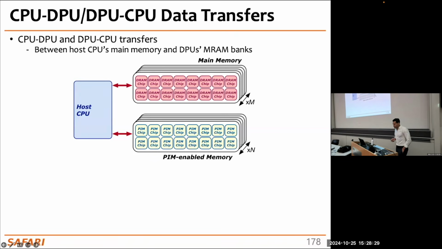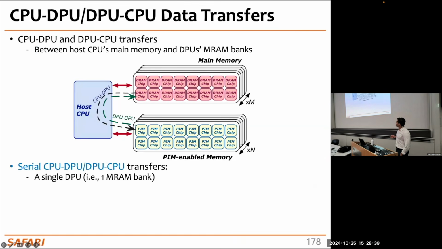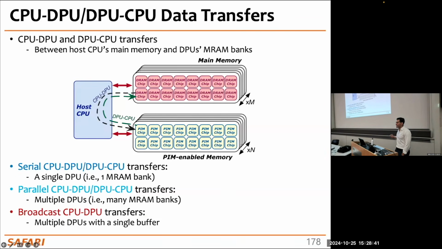Since this follows a loosely coupled accelerator model, you need to manually transfer data between the CPU and the DPUs. To do that, there are three different types of data transfer instructions that you are going to use during the labs.